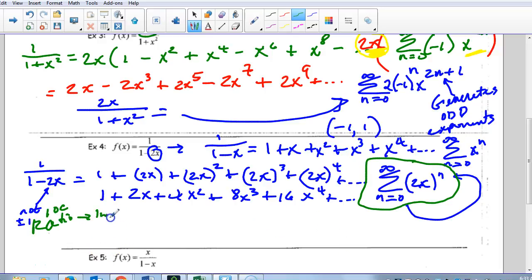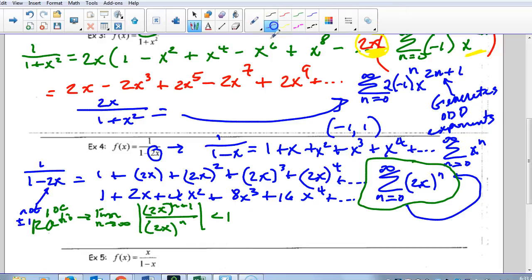Again, notation is way important. That's supposed to say limit. N is going to infinity. It's an absolute value of 2x to the n plus 1 divided by 2x to the n. So it's the next term over the previous term, and I'm trying to limit that and find where it converges, which means the ratio test has to be less than 1.